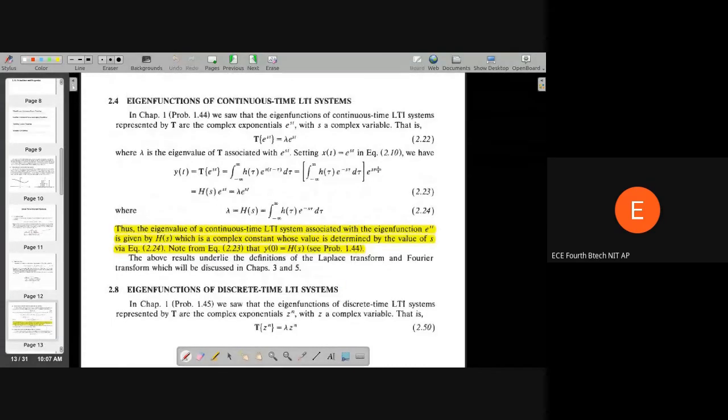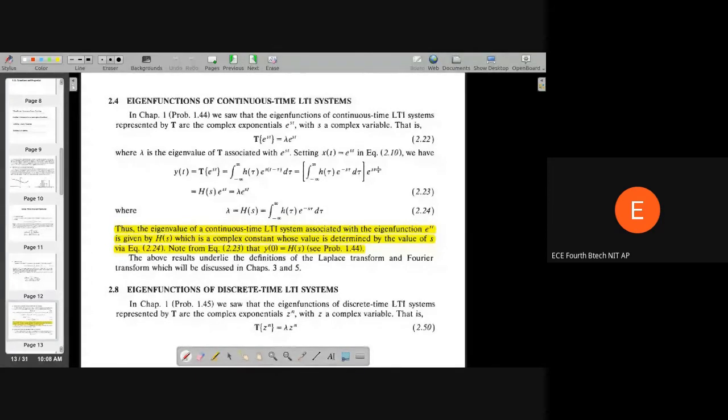So let's move forward. We also discussed that if we give a sinusoid as input, we will also get a sinusoid as output. This is called an eigenfunction. To any system, if you give a particular signal, and the output is the same signal modified a little bit, maybe with respect to the amplitude, then we call it an eigenfunction.